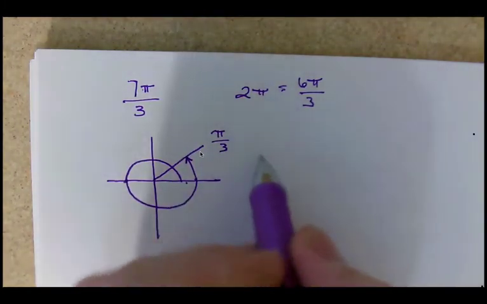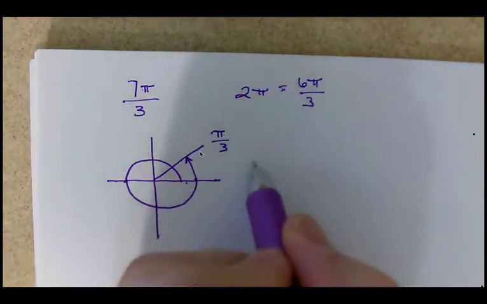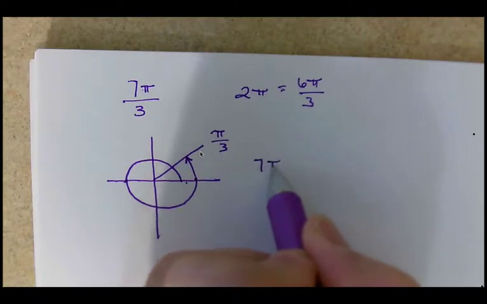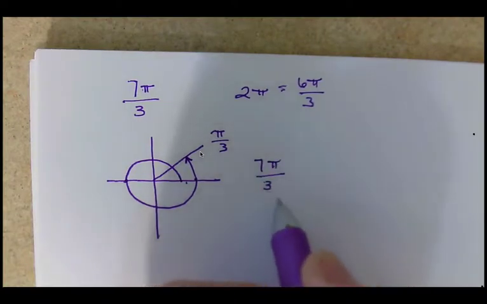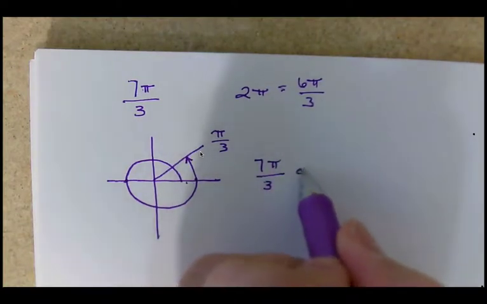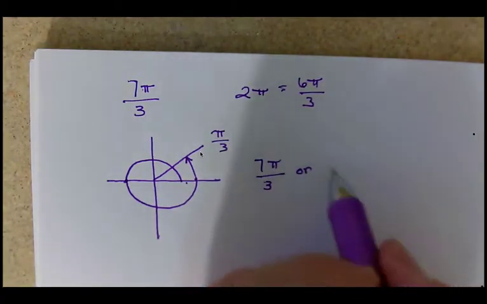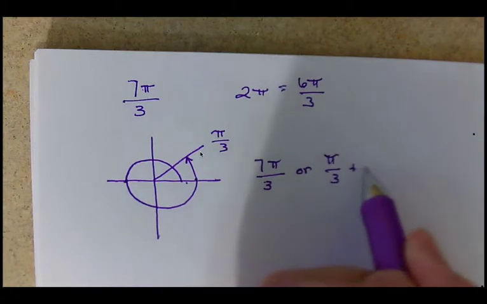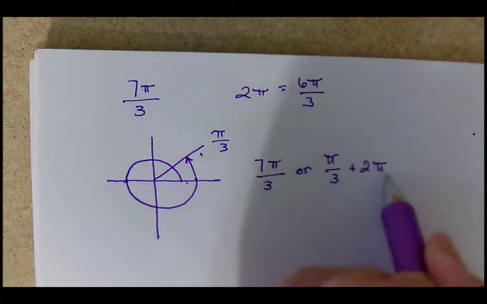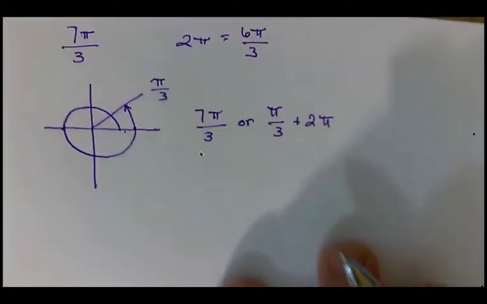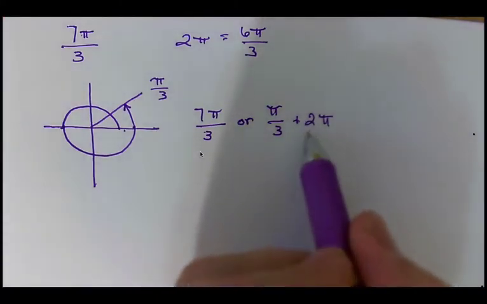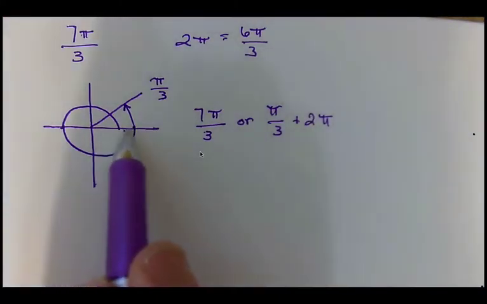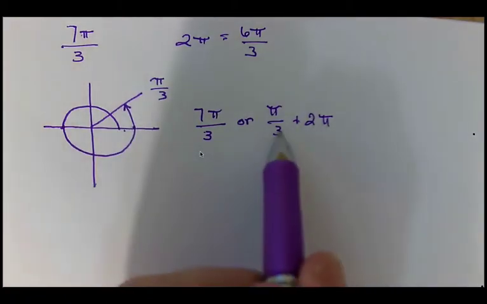I could write it as 7 pi over 3, or I could write it as pi over 3 plus 2 pi, because I went around the circle one full revolution, and I have a remainder of pi over 3.